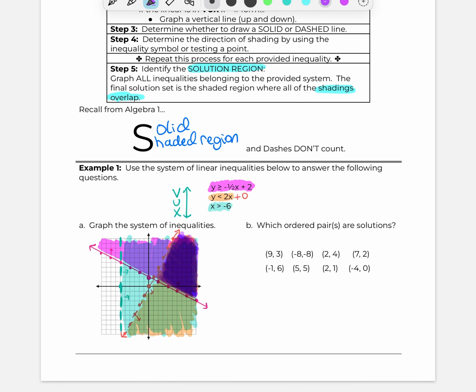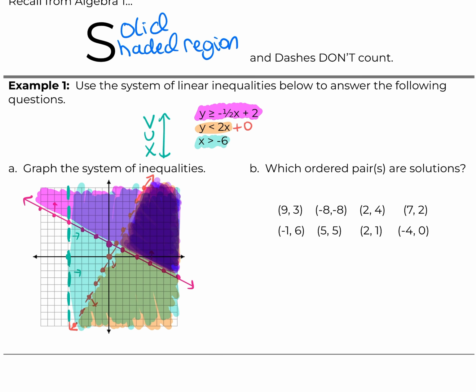All right, so for part B, which ordered pairs are solutions? So let's check one at a time here. I'm going to use my little laser. All right, let's do (9, 3). So 9 would be here, up 3. That looks good. It's in our mixed shaded area. All right, (-8, -8). That's definitely a no. (2, 4) is on a dash.